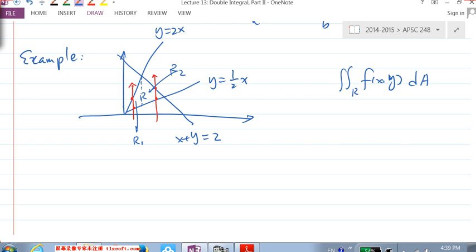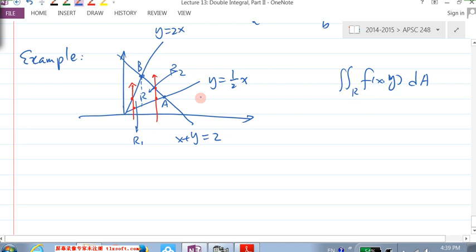But before we do that, we need to figure out a couple of things in order to properly put down the limits for the double integral. Let's find the coordinates for point A and point B, the 2 intersection points between the lines here.